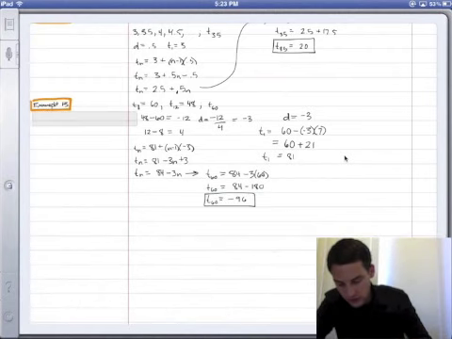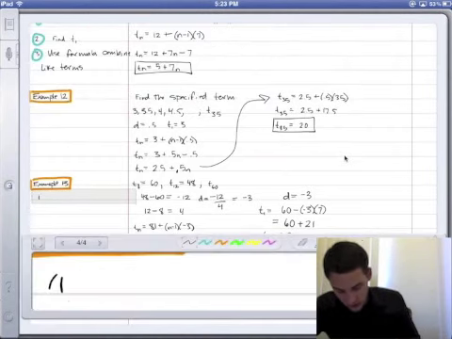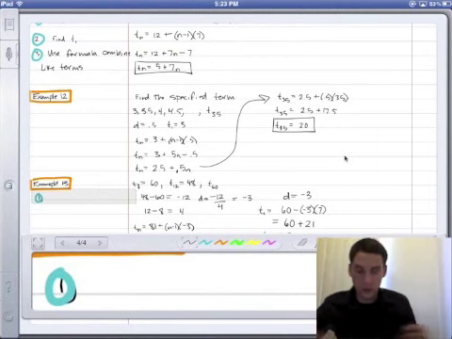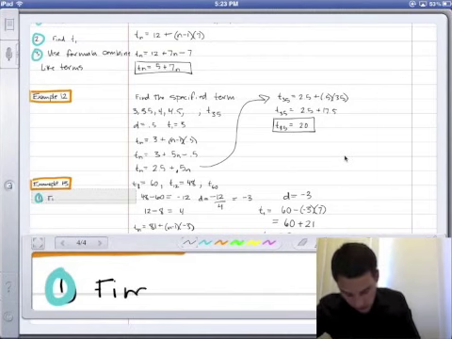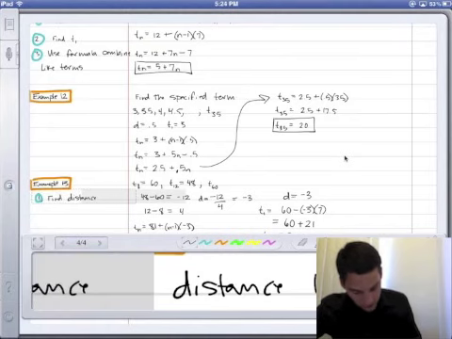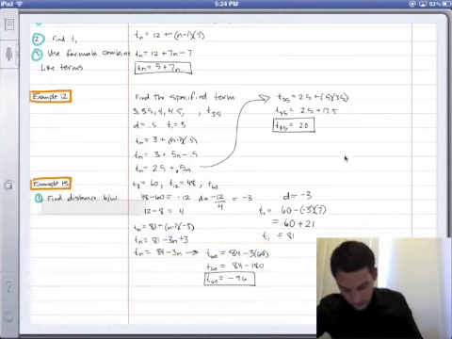So what are our steps here? Well, let's see. Step 1, find the distance between the terms.